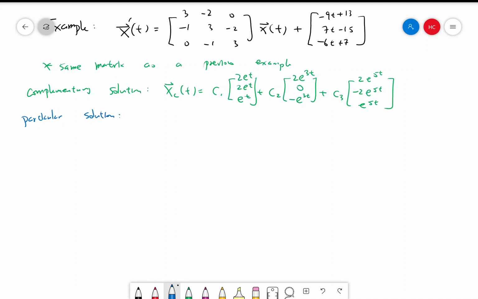So if you look at the constant term, all the three entries are linear functions, so we can make a guess that xp is a linear function. So we can write at plus b, ct plus d, et plus f.